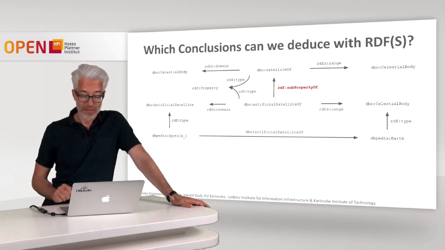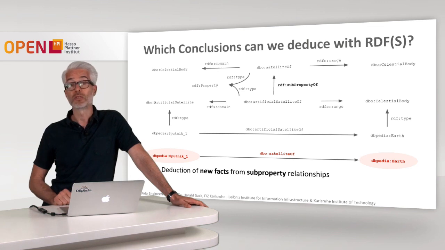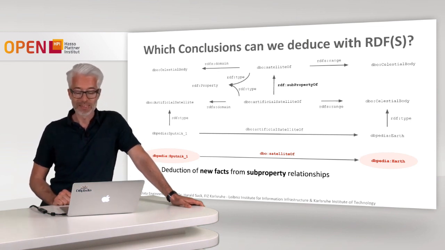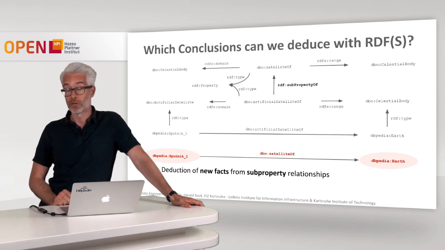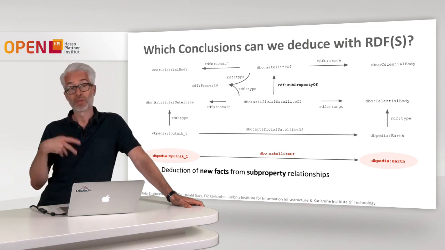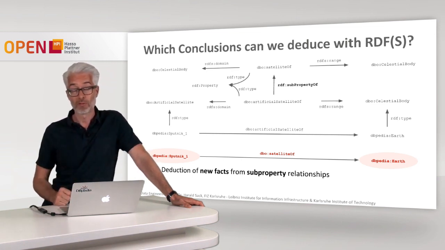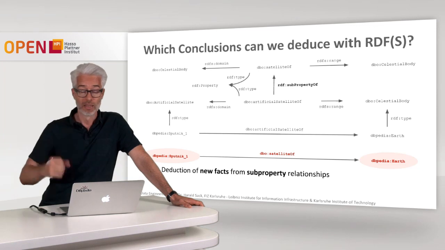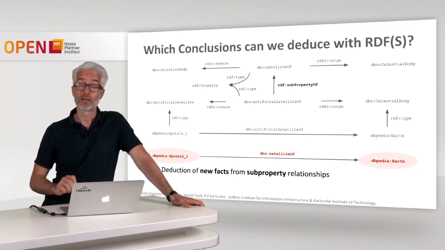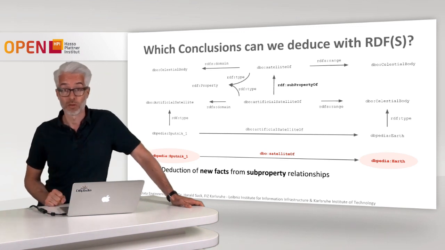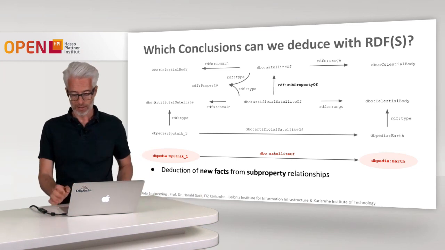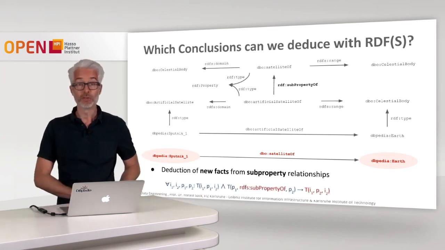Simply because of that sub-property, we can deduce a new fact which says that Sputnik 1 must also, of course, be a satellite of Earth. Not only an artificial satellite, because artificial satellite of is simply a specialization, it's a sub-property of. And simply because of this hierarchy, all things which are connected via the more specific property are also connected via the more general property. So this is the way we define this, and this can be immediately deduced.